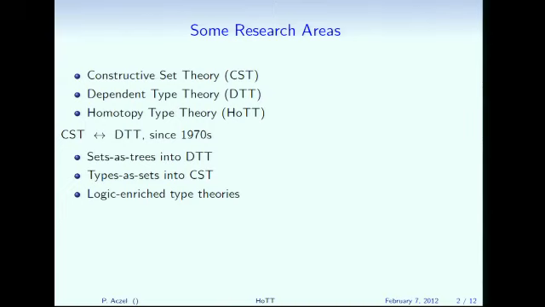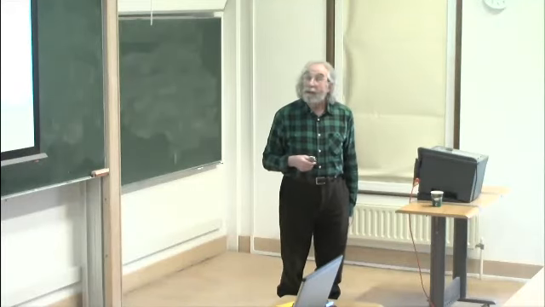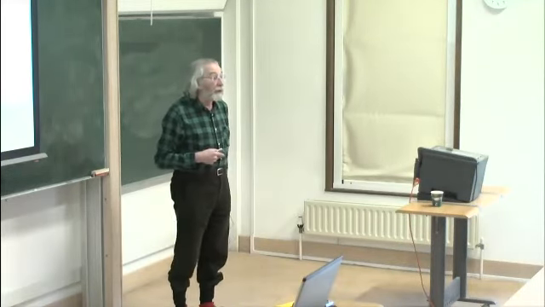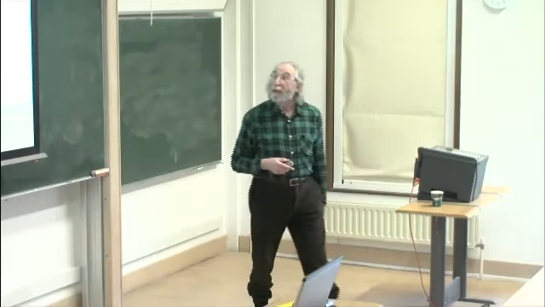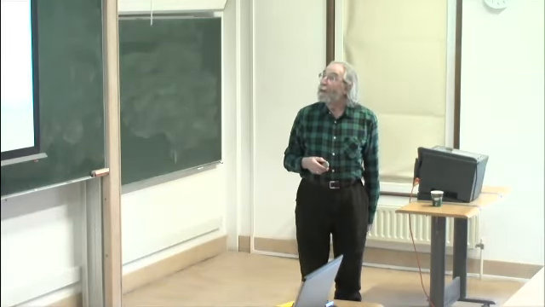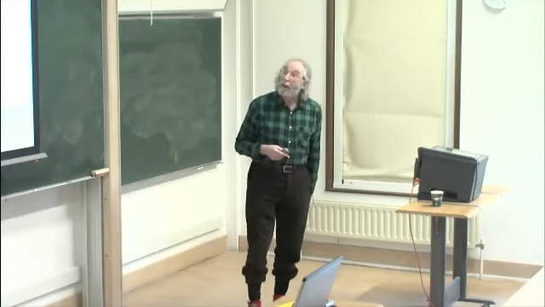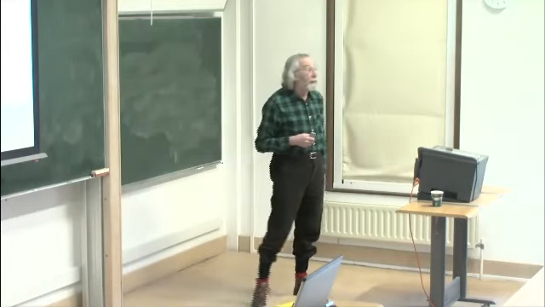You can simply interpret types as sets. In contrast, homotopy type theory is concerned with another kind of interpretation of type theory, not into sets, but something more complicated involving ideas from homotopy theory.